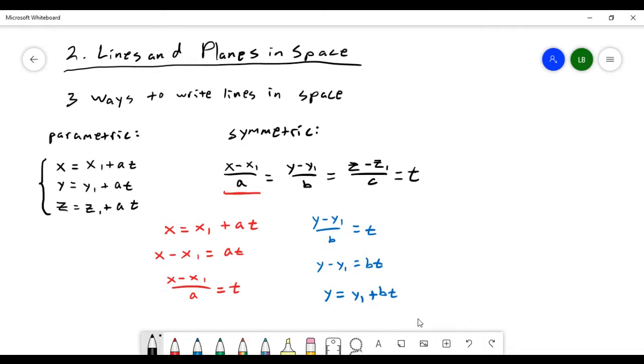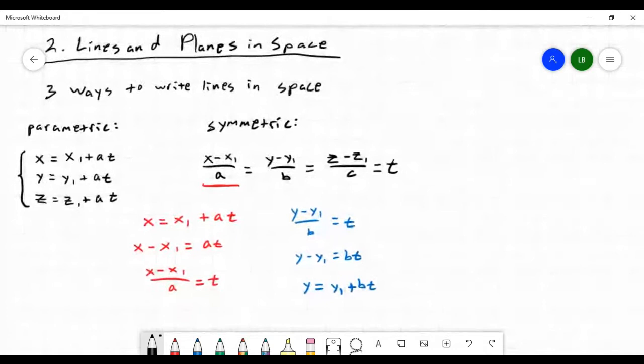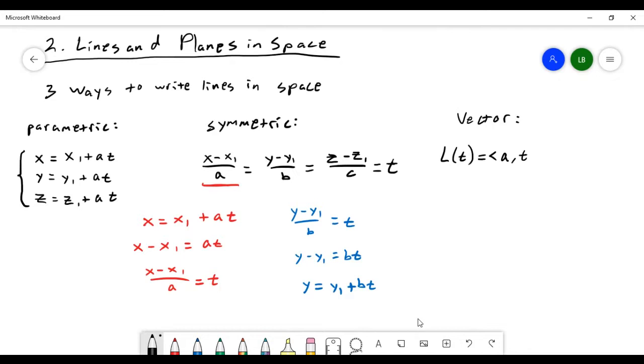So it's really easy to convert from parametric to symmetric and back. The last way to write the equation of a line in space is using vector form. And this is also just basically a parametric form, but you write everything out in the form of vectors.